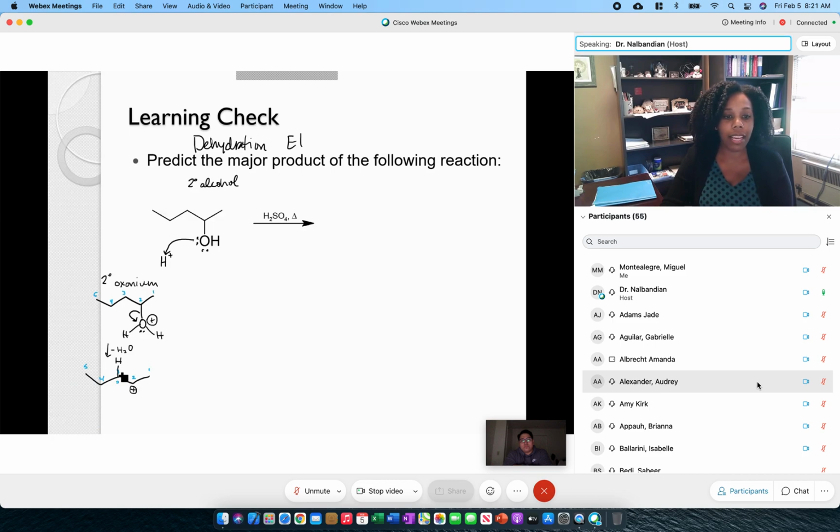So here, right beside our carbon 2, we go from the middle of the bond to carbon 2. Not from the middle of the bond to the middle of the bond. Middle of the bond to carbon 2, now we're doing a hydride shift. And so with a hydride shift, we are now moving that hydrogen over to carbon 2. So now we have a positive charge on carbon 3.